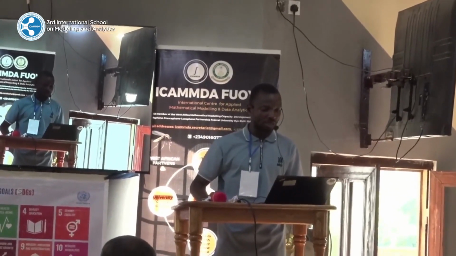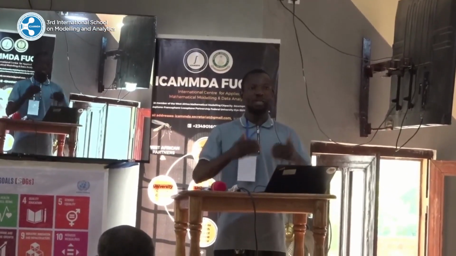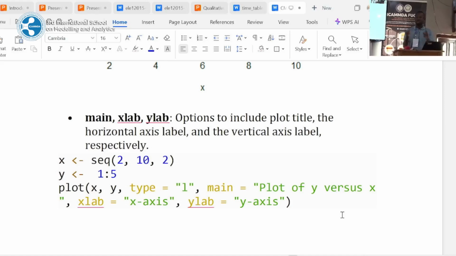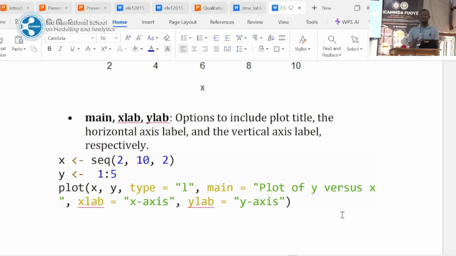All right, so now let's see this. You can see that little by little we are improving our plot, isn't it? We started with just dots. Now you know the various types of values that you can use to modify the plot points, but now we want to label it. So can we go on and do that? Main, plot of y versus x, xlab, x-axis, ylab, y-axis.